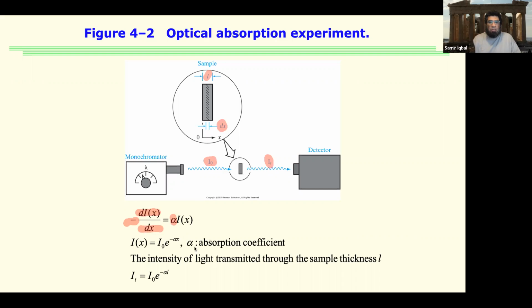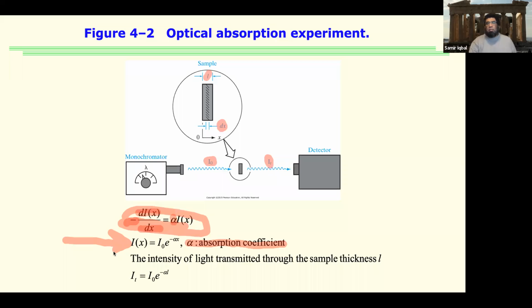Now, alpha here is what we call the absorption coefficient, a constant. When you solve this equation, we get a relationship which tells us how the light intensity changes because of the absorption of the light.